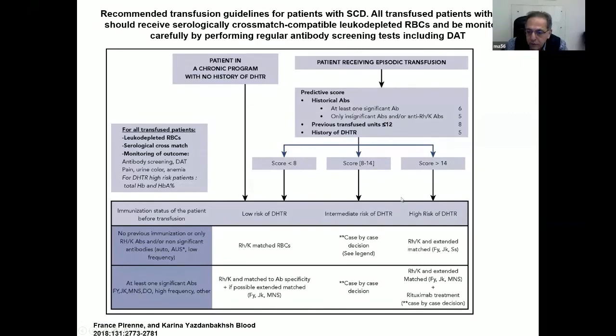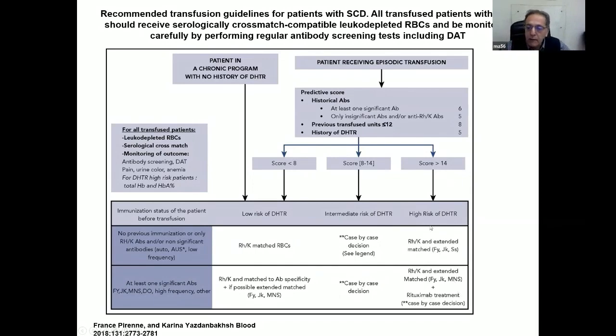And if patients are receiving episodic transfusions, also they need to be evaluated very thoroughly, and we need to prevent delayed hemolytic transfusion reactions in a very timely manner. And this will involve extended cross-matching and perhaps the use of rituximab or IVIG.